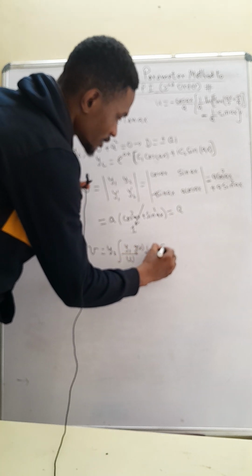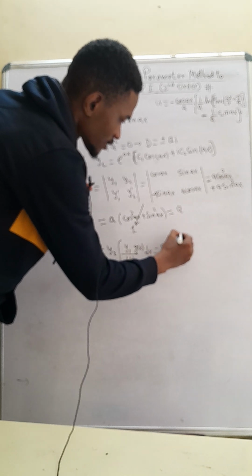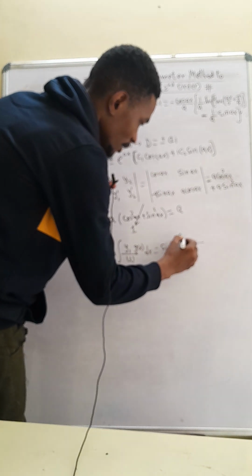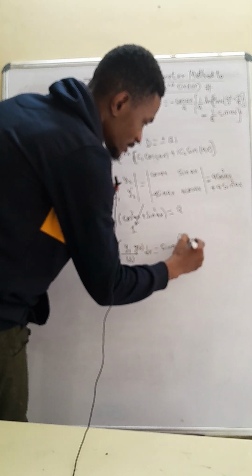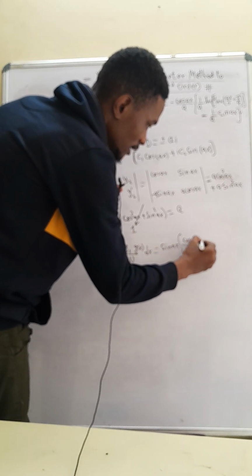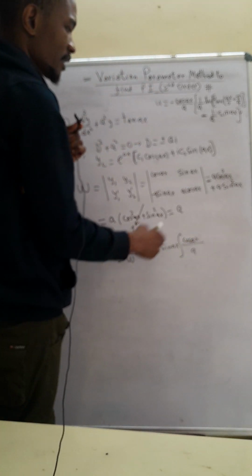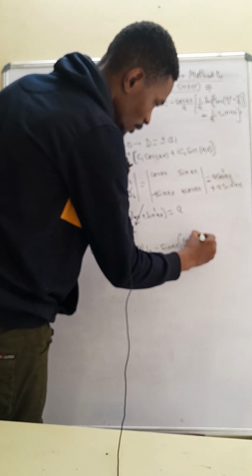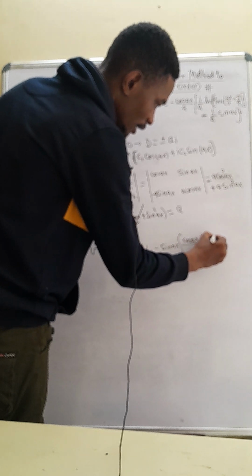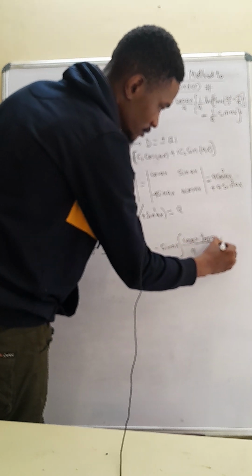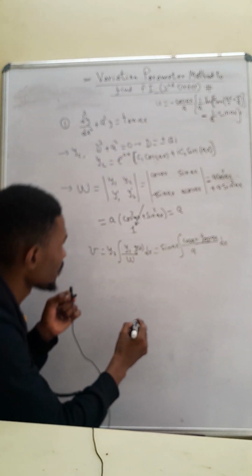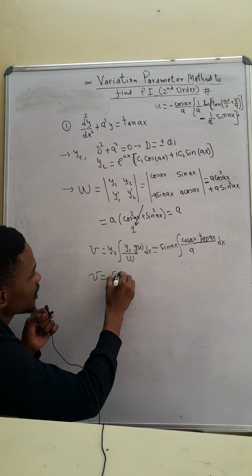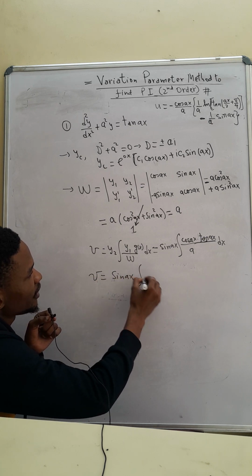So y2 is sin of ax, and here it is a. y1 is cos ax, and here g of x. What is g of x? g of x is tan, so it is tan ax dx.